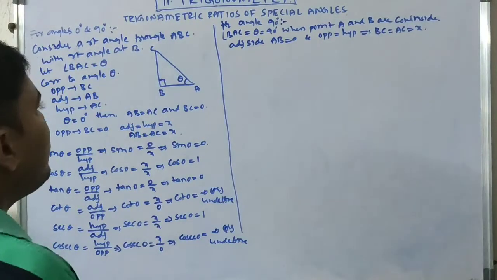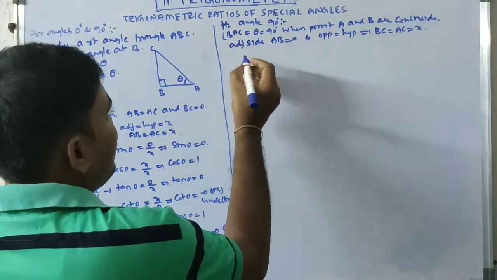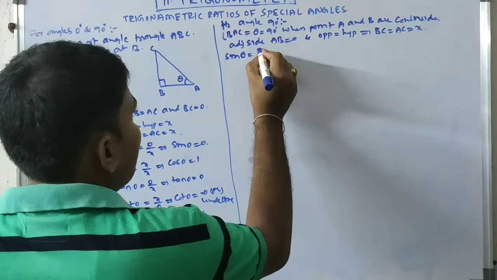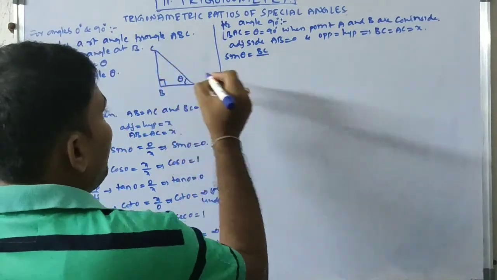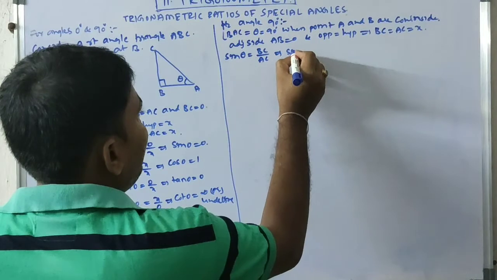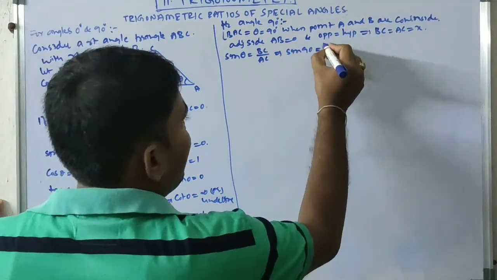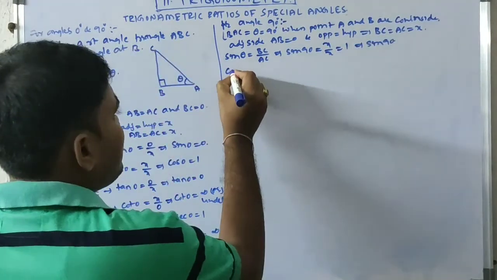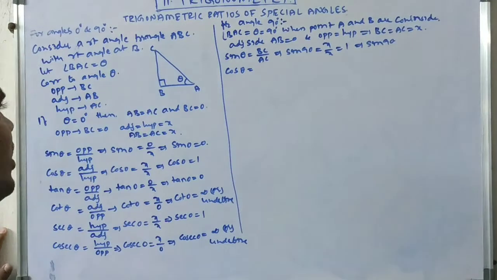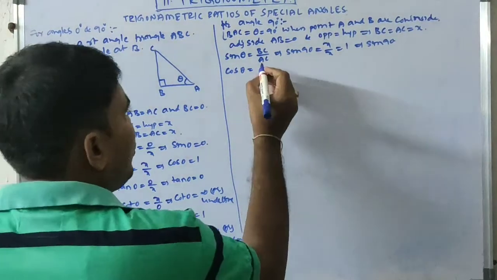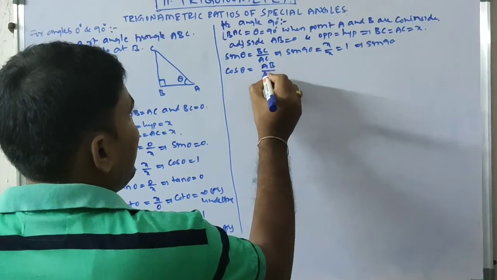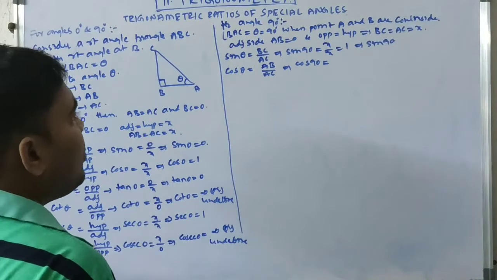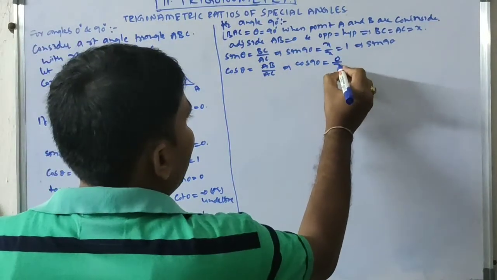Now according to the angle, sin theta is equal to opposite BC by hypotenuse AC, which implies sin 90 is BC x by AC x, equal to 1. Sin 90 is equal to 1. Cos theta is adjacent AB by hypotenuse AC, so cos 90 is AB, which is 0, by x, equal to 0.